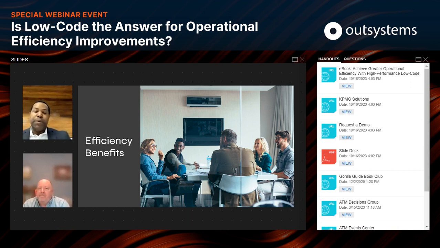That could be in the form of time savings. So processes that took X amount of hours now take X minus Y hours per day or per whatever iteration. That's really the biggest area that we're seeing today.